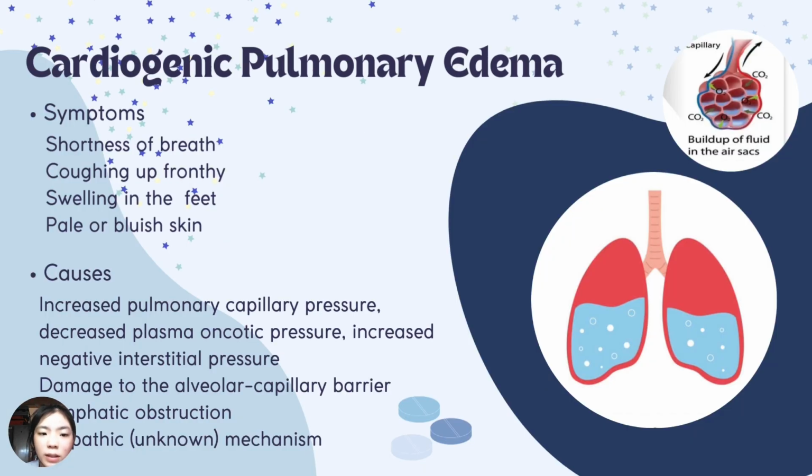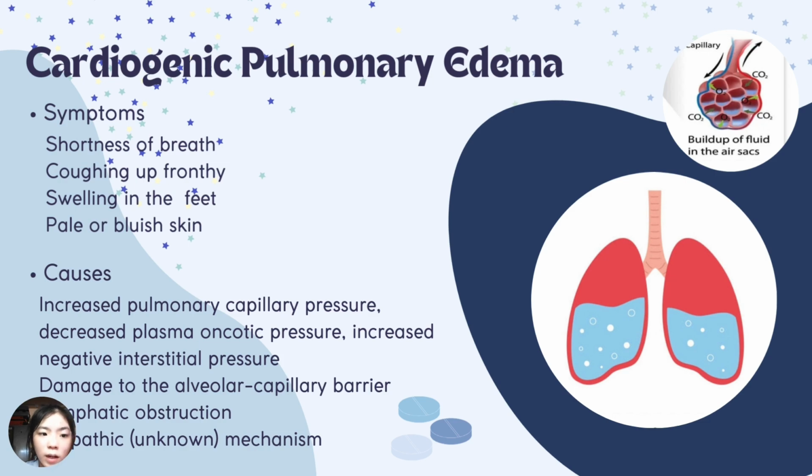So this is a common pulmonary disease that happens in children, which is cardiogenic pulmonary edema. Individuals who experience cardiogenic pulmonary edema will experience shortness of breath, coughing with difficulty, swelling in the feet, and also pale or bluish skin.